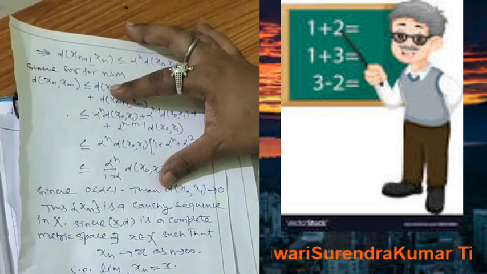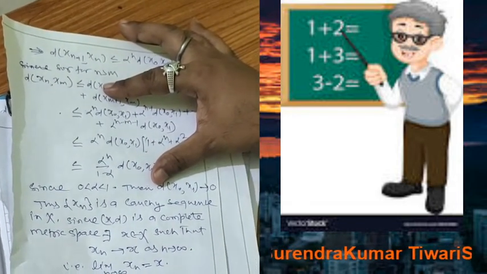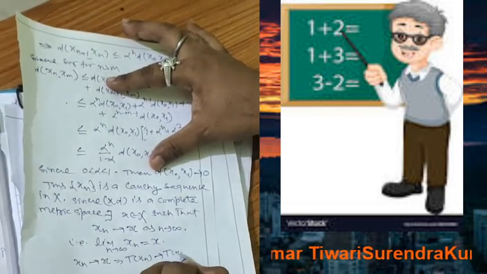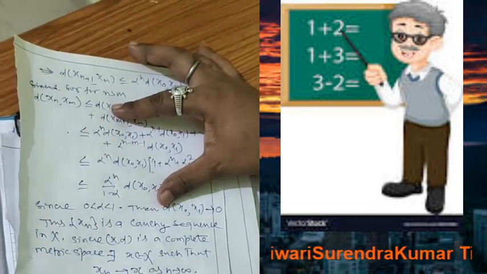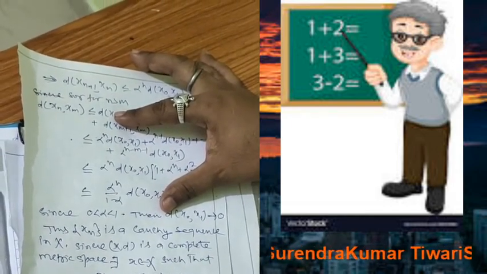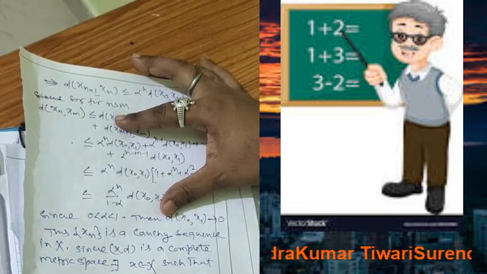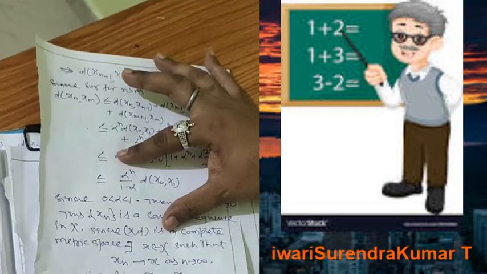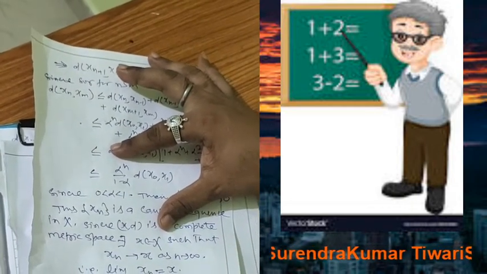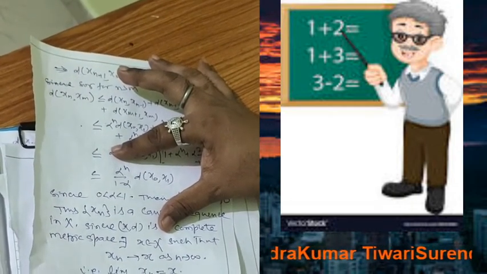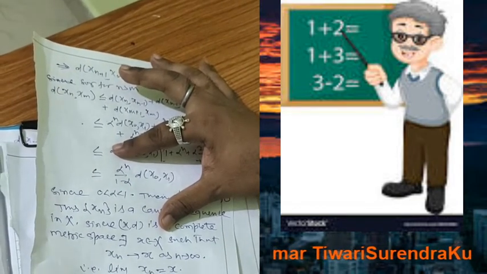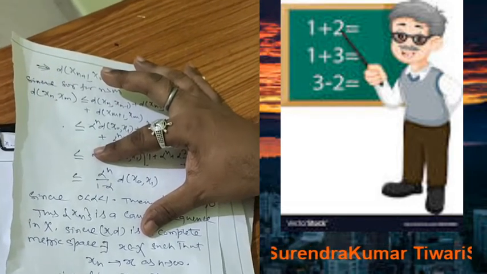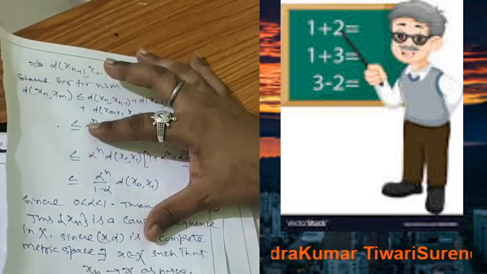Therefore xn tends to x implies that Txn tends to Tx, which is equal to limit of Txn as n tends to infinity. Therefore Tx is equal to limit of x(n+1) as n tends to infinity, which is equal to x.